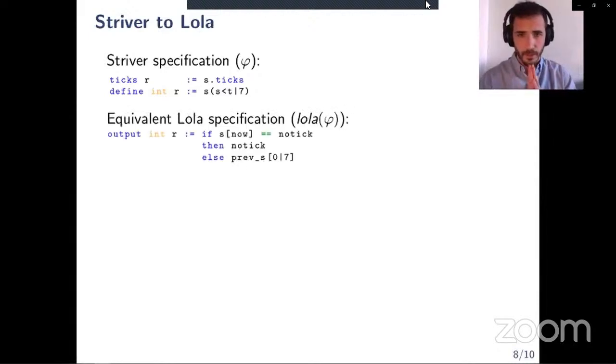So, in the Lola specification, we represent this as saying, if S is not ticking right now, then we are not ticking either. Otherwise, we take the last value of S, and if it doesn't exist, if it falls off the trace, we use 7 as the default value.